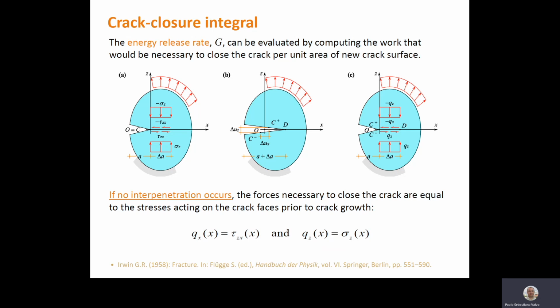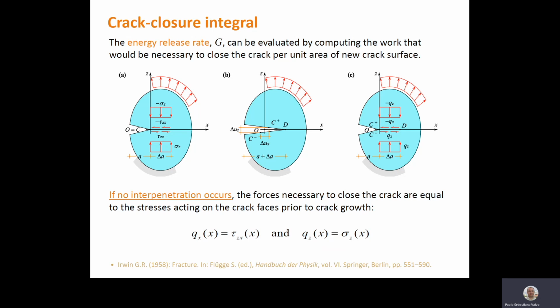Figure A shows a cracked body with an initial crack of length A. In figure B, we have the extended crack by an amount delta A, and figure C shows the closure of the crack.